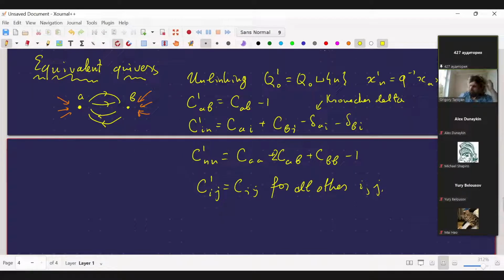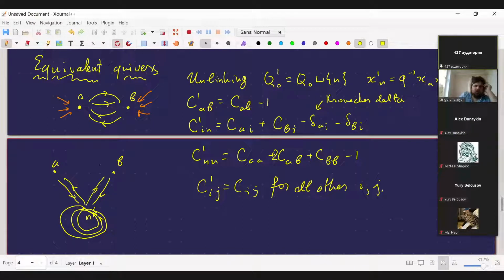So it can be drawn like this. We have vertex A, vertex B, vertex N. Here we have 4 minus 1 edges which go from N to N. Here we have one edge which goes to N and one edge that goes back.